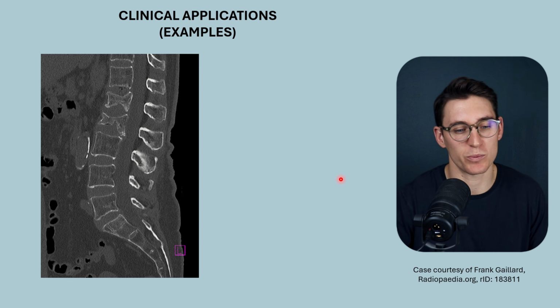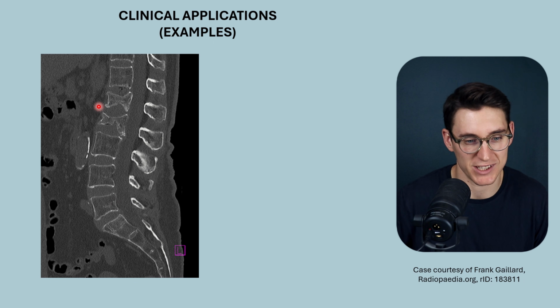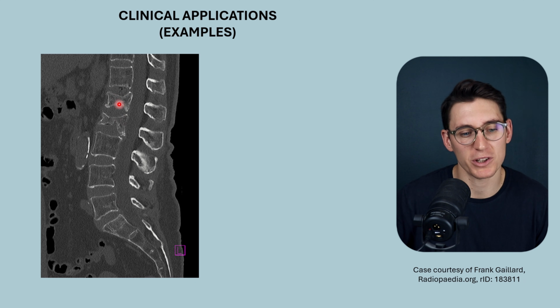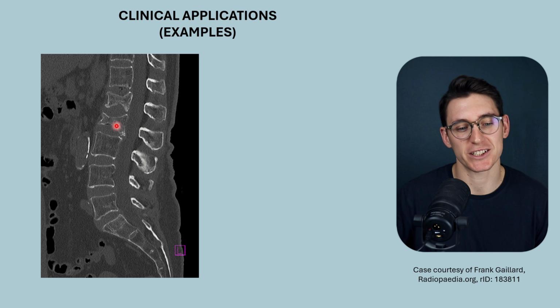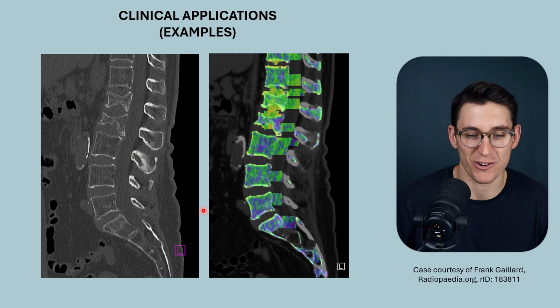Another example is we can say we've got a CT here. We've got a sagittal CT of the lumbar spine. We see we've got these compression fractures in the lumbar spine. Now we want to figure out, have we got acute fractures here, or is this all a chronic process? And we can do bone marrow edema mapping.